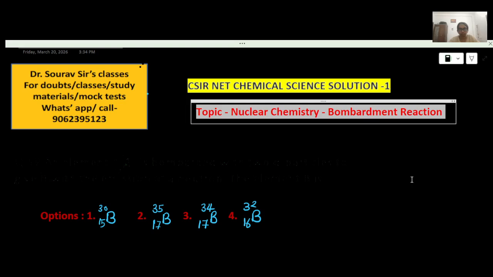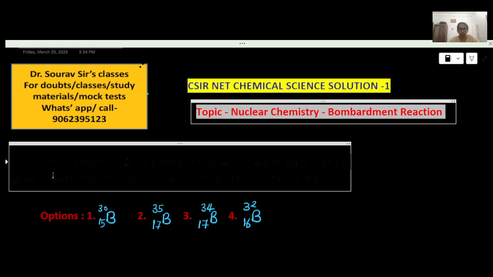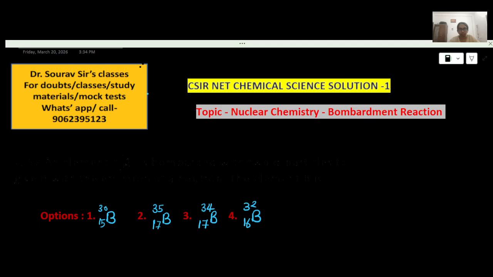The topic of the question is nuclear chemistry, bombardment reactions. What is the question? An element Al-27 with atomic number 13 is bombarded with two alpha particles to give product B with the emission of a neutron.